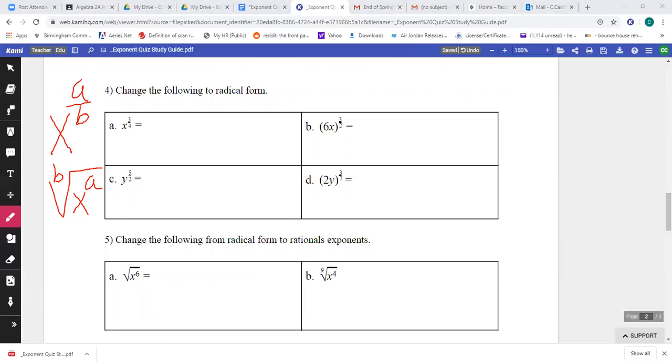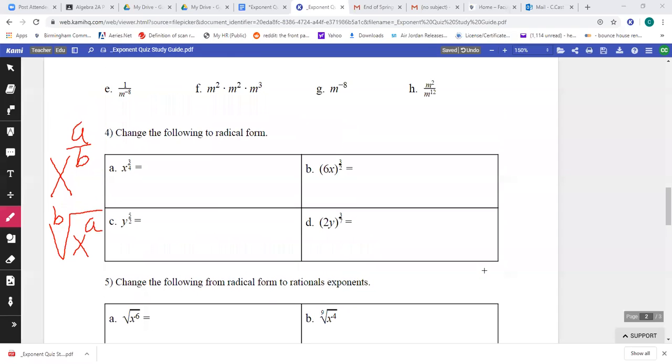So I have x to the a over b power is the same thing as the b root of x to the a. Now, one thing before we move on here, remember that if you have a denominator of 2, so let's say I have x to the 7 over 2, and I rewrite it into radical form, remember that you do not put the 2 here, right?